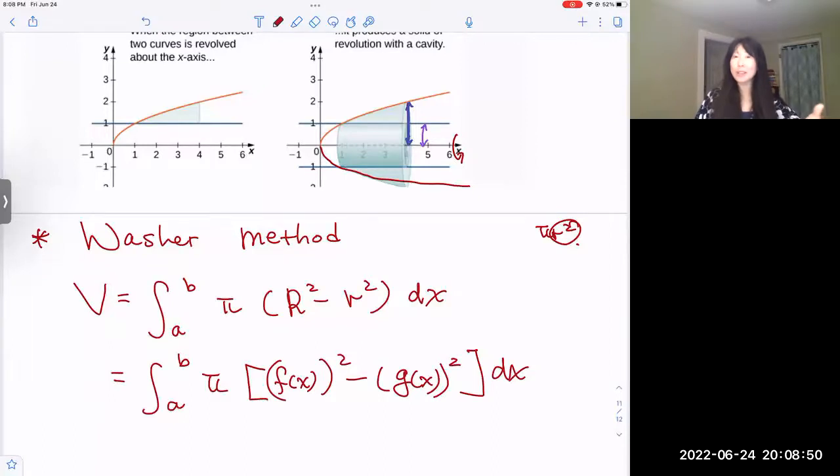Like with area, we did the top minus bottom, right? So in this case, the f of x must be greater than g of x. Okay. Is it clear?